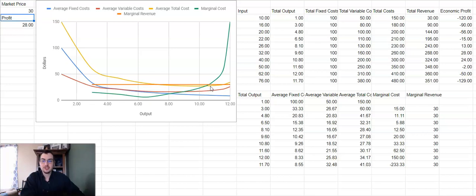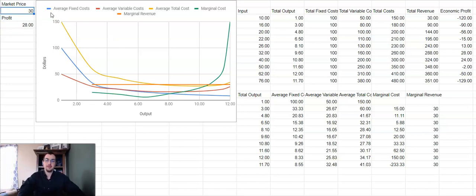So we're still obtaining a little bit of a profit. Even though the price has fallen, at that level of output, marginal revenue is still greater than marginal cost, which means we have a profit of about $28 in this particular instance.